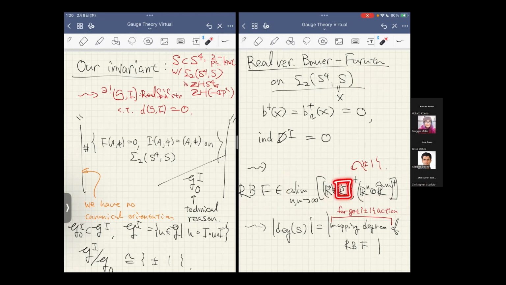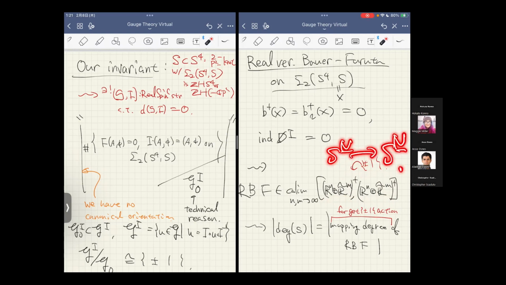There is a plus-minus one action on this part. So if we forget the plus-minus one action on this part, this is just a homotopy class of a map from Sn to Sn.